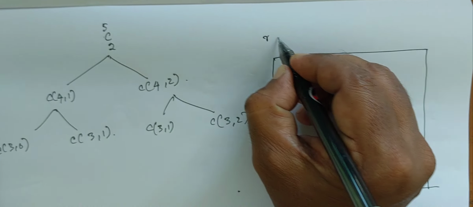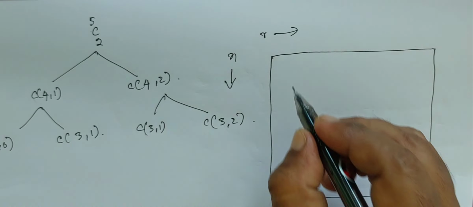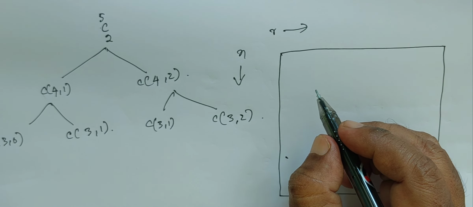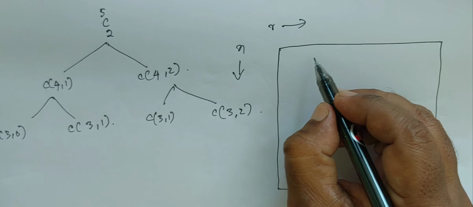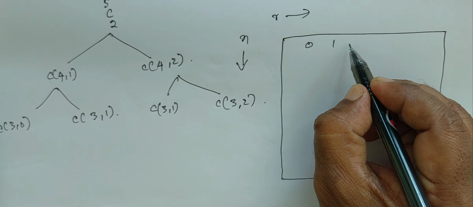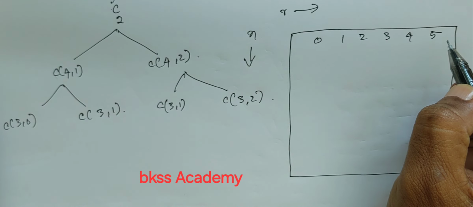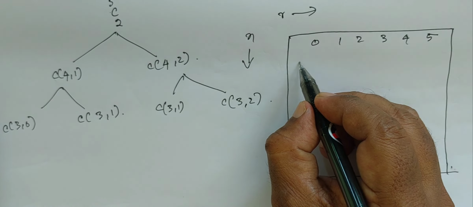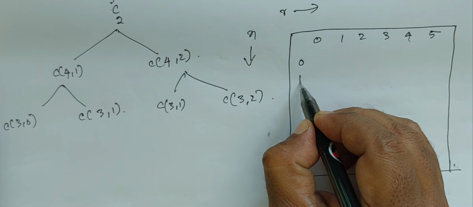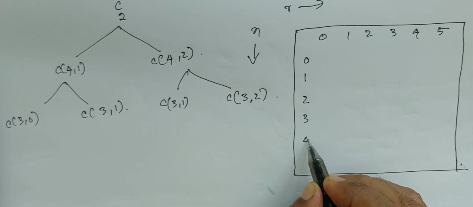This side is R and this side is N. I have to give 0, 1, 2, 3, 4 and 5, and this side is 0, 1, 2, 3, 4 and 5.